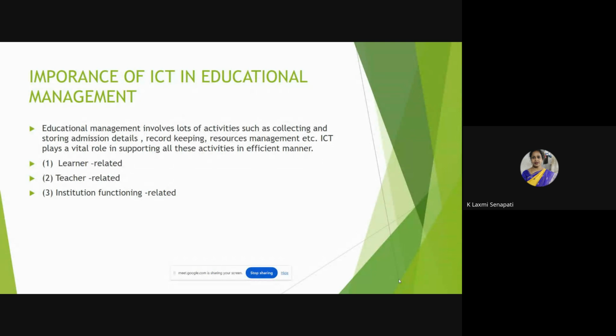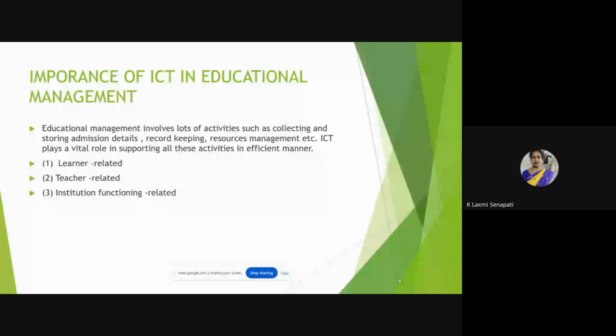So we have to keep a record of the students. Their photo will be there, their date of birth, their father's name, mother's name, everything. All types of information we can get about the students, and the teachers also, and also the institutions.